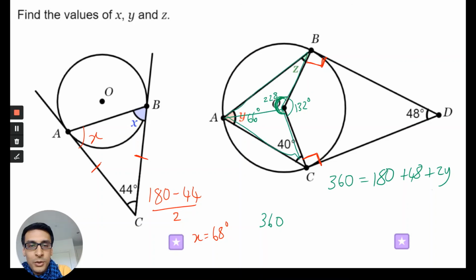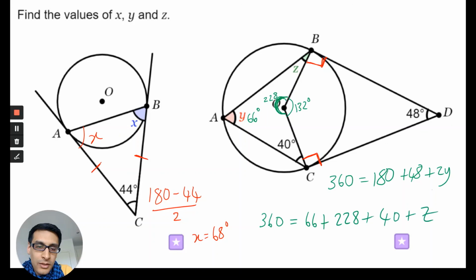So let's just rub that one out. 360 is equal to 66 plus 228 plus 40. When you rearrange that, Z equals 26 degrees. So those are your answers. Okay, so I'll see you on the next video for the next proof.